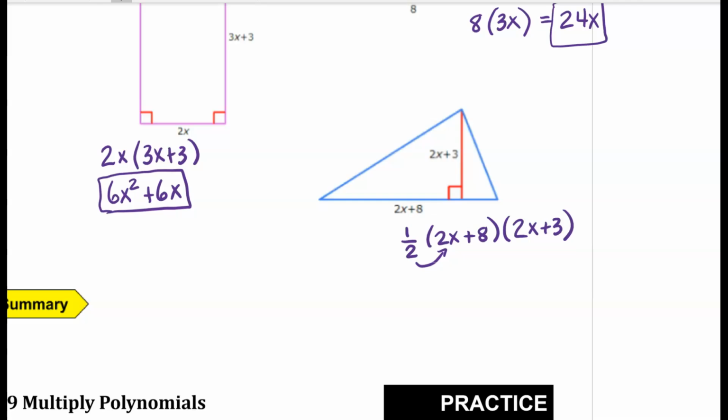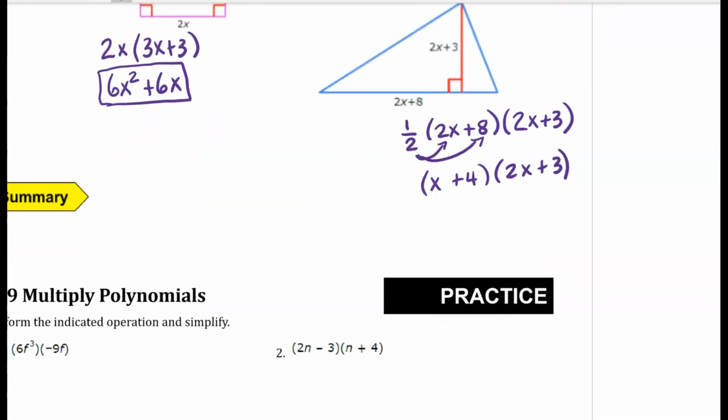1/2 times 2x is just x, because 1/2 and 2 are reciprocals, and when I multiply them together I get 1. 1/2 times 8 is half of 8, which is 4. So that gives me this group left over from that multiplication, and that needs to be multiplied by 2x plus 3.